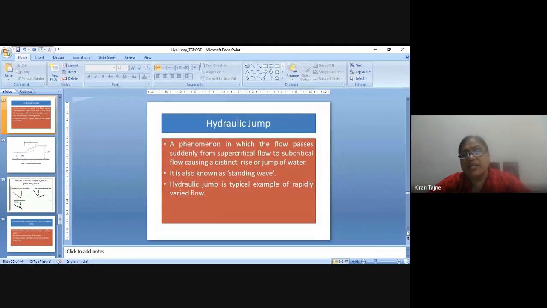We have seen what rapidly varied flow is and what gradually varied flow is. In rapidly varied flow, the flow characteristics, the depth or discharge, abruptly change with length. Therefore that is known as rapidly varied flow, and the hydraulic jump is a typical example of it.